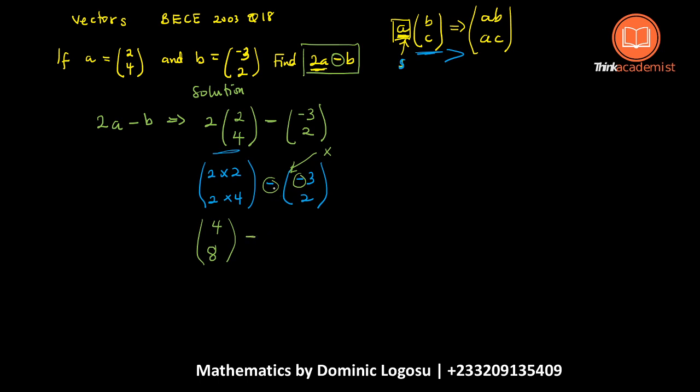But before we bring our operation sign, we should try and see if we can expand the side of the vector. Expanding the side of the vector means we would have addition. But what we can also do is let's write it again, and then we can go ahead and say 4 minus into brackets negative 3, and then 8 minus 2.